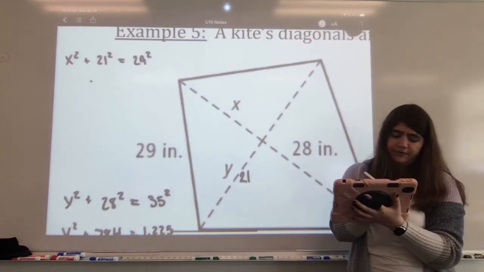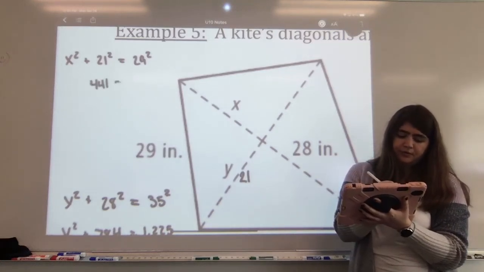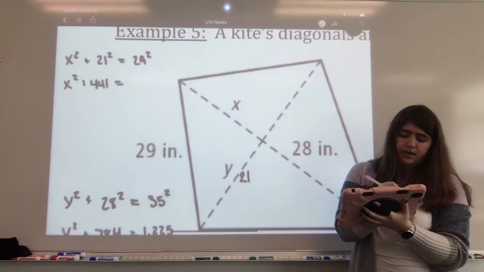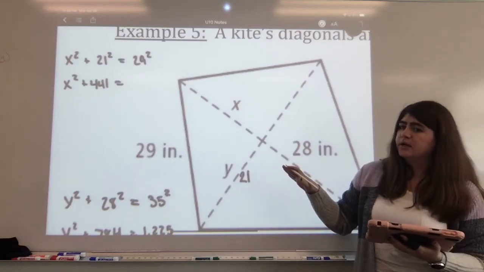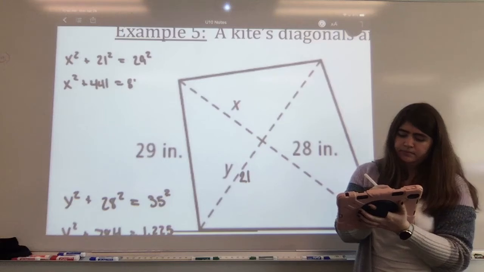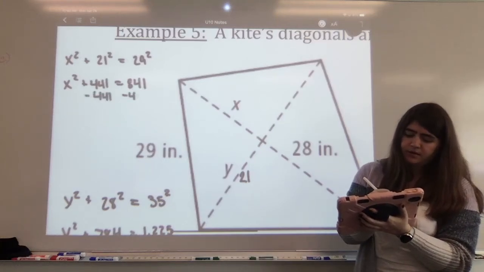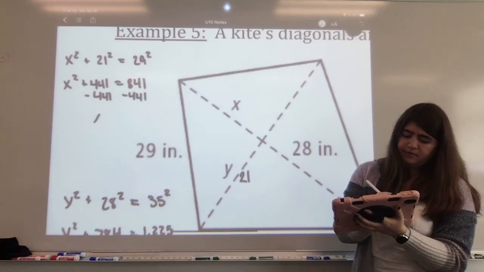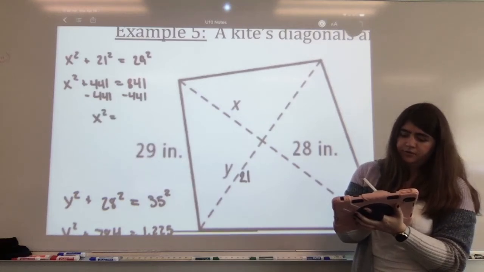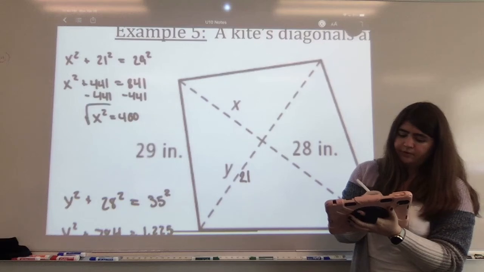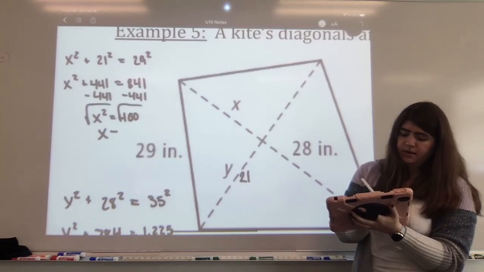We already know that from when we found the square root of 441. And then 29 squared is equal to 841. We're going to subtract 441 from both sides. In doing so, that gives me that x squared is equal to 400, and the square root of 400 is 20, so x is then equal to 20.